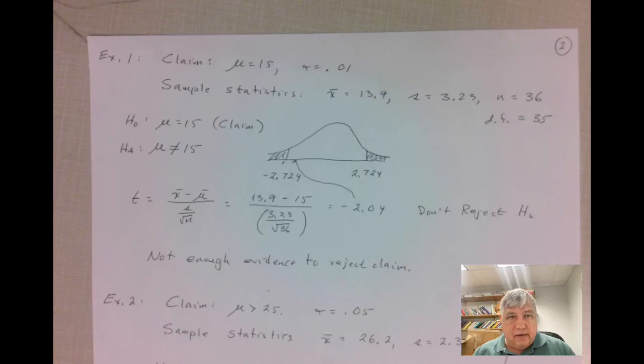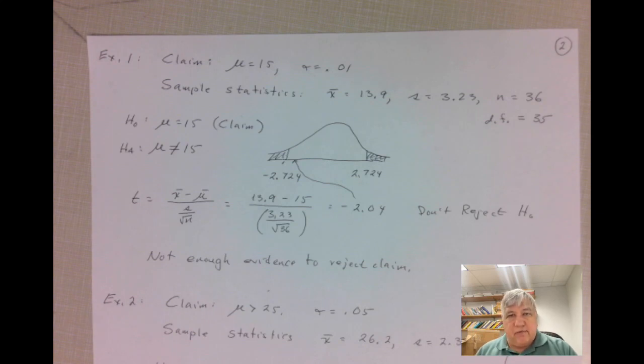In this case, the claim said that mu is equal to 15, and we want to test that at a level of significance of 0.01. So the sample statistics are given. You take the sample of size 36, and you get a mean of 13.9 and a sample standard deviation of 3.23. Because n is bigger than 30, we know we can go ahead and proceed.